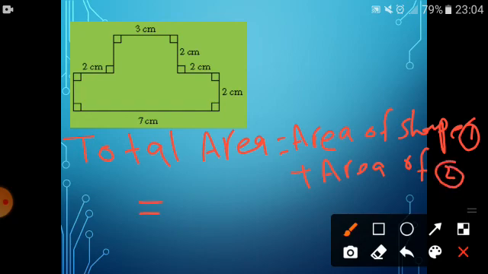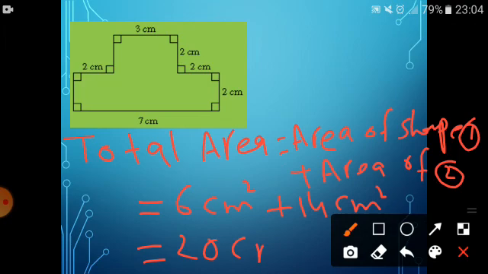So what was the area of shape 1? That was 6 square centimeter. Then what was the area of shape 2? 14 square centimeter. So see, 6 plus 14, it's 20 square centimeter.